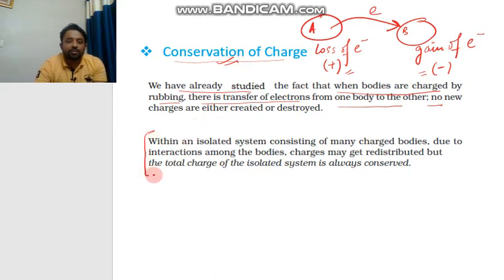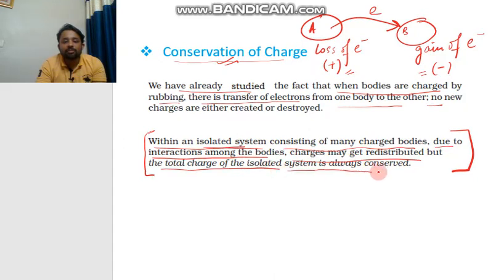So we can further explain it as: within an isolated system consisting of many charged bodies, due to interaction among the bodies, charges may get redistributed, but the total charge of the isolated system is always conserved. So here we have an isolated system consisting of two bodies.